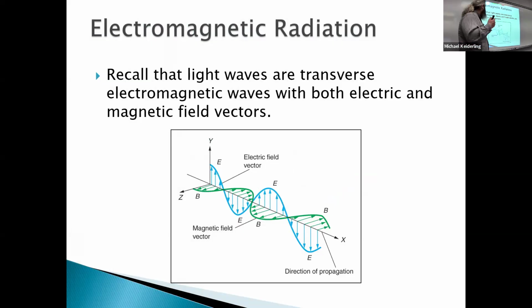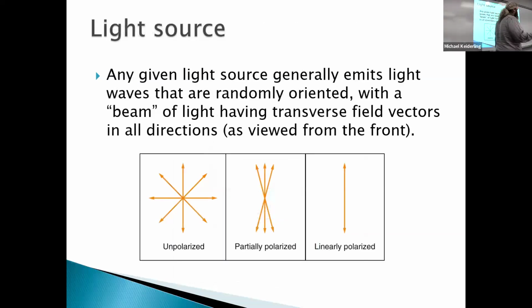For any given light source, it generally emits light waves that are randomly oriented, with a beam of light that has transverse field wave vectors in all directions as you view it from the front. So, like the lights in this room are unpolarized.